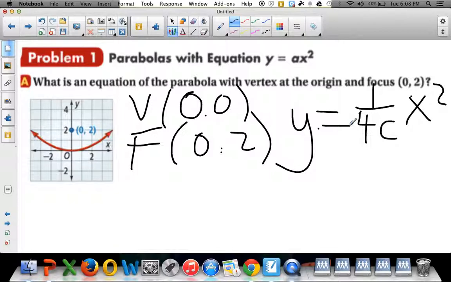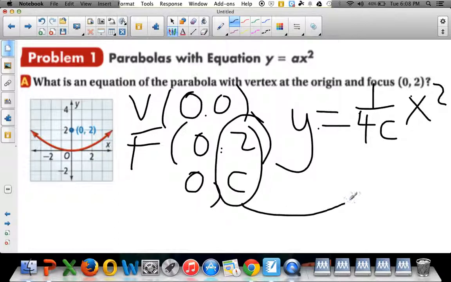Now, I know that my focus is 0, c, which is going to be my 2 right here. I'm going to take my c and plug it into my equation of a vertical parabola right there.